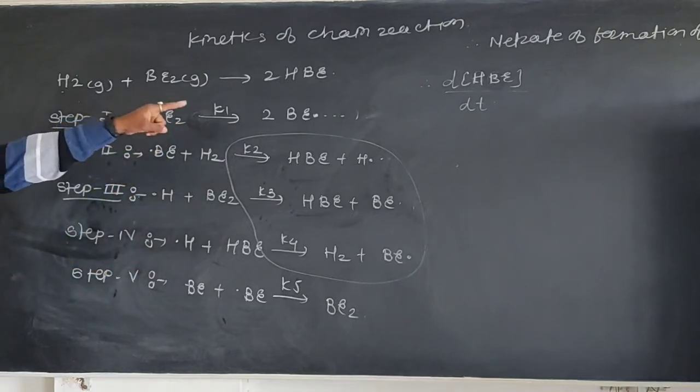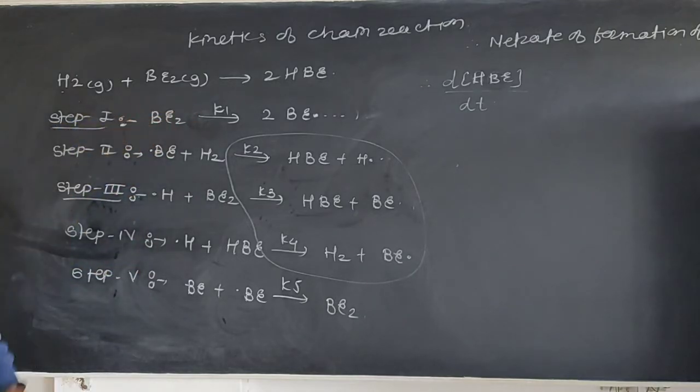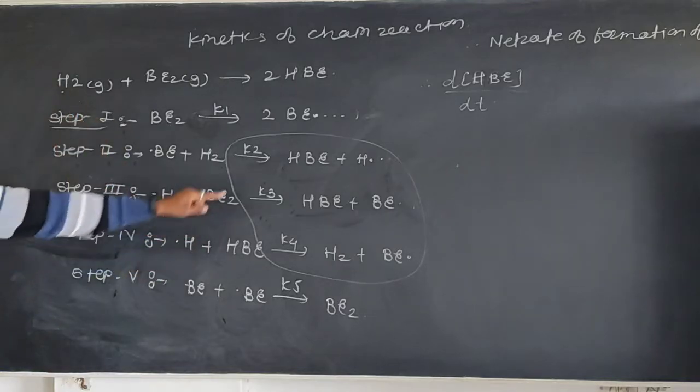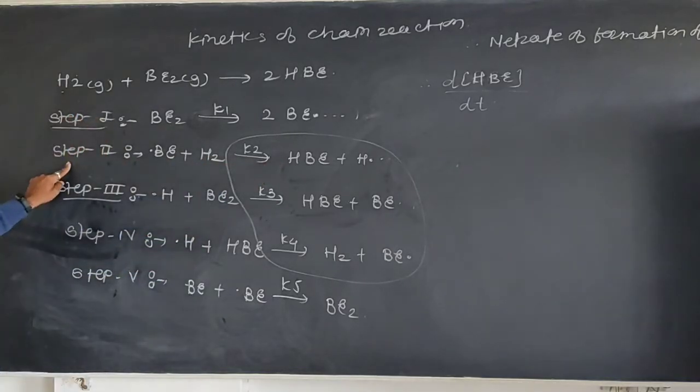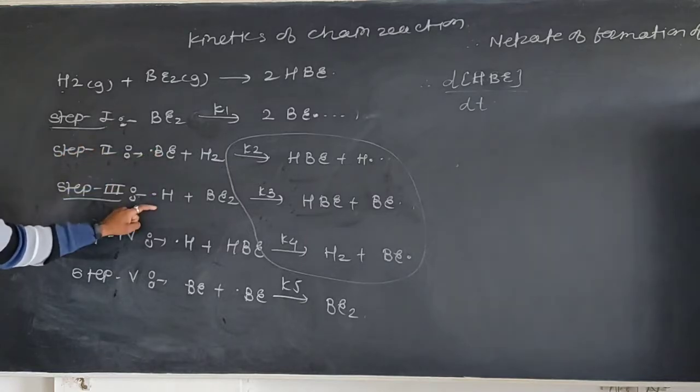If we are interested in writing the net rate of formation of product, that is HBr, in the second step of the mechanism and in the third step of the mechanism, HBr is formed, while in the fourth step of the mechanism, HBr is consumed. Therefore, net rate of formation of product is equal to K2 into Br radical into H2. Again, HBr is formed here, therefore plus K3 into H radical and Br2.